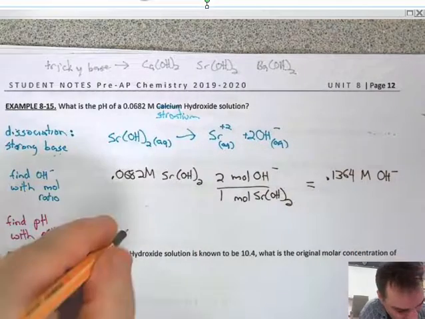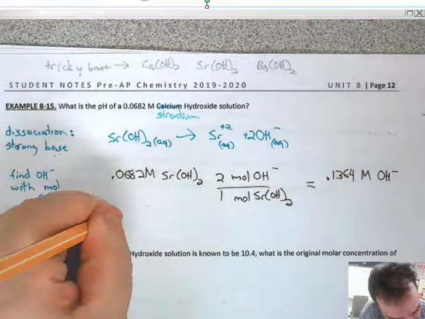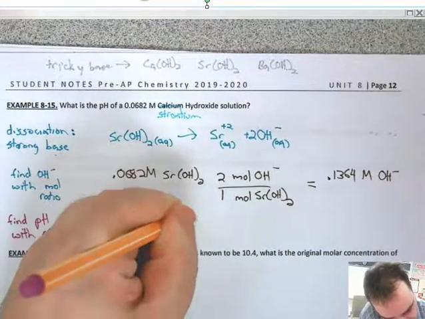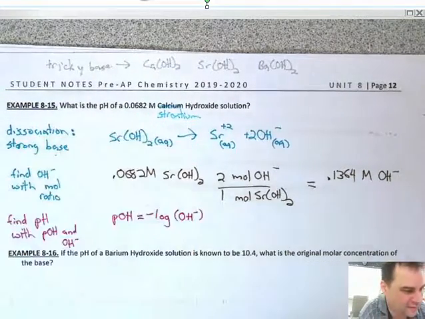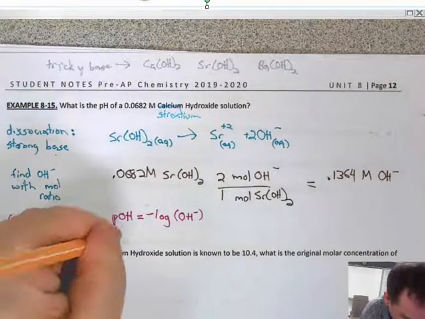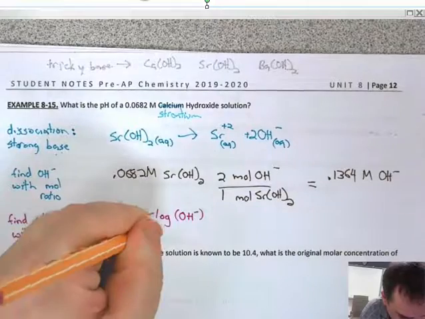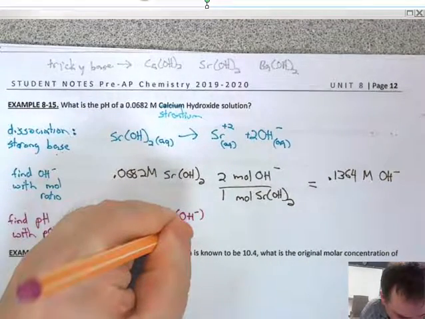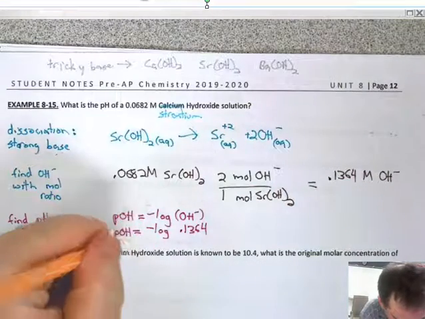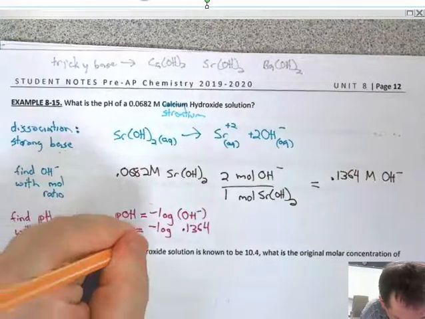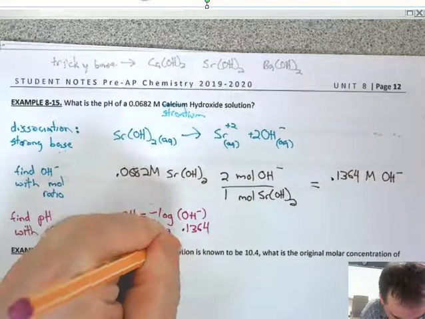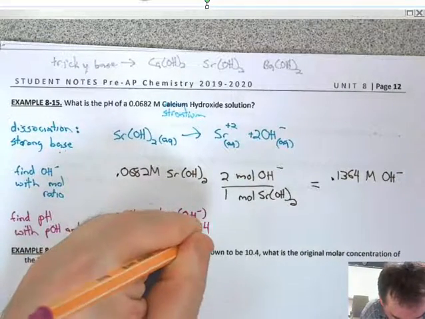Since this is OH minus here, I am going to do POH equals the negative log of OH, because it's not the pH, because I have the OH. So you have to do POH equals the negative log of 0.1364. POH equals 0.865.